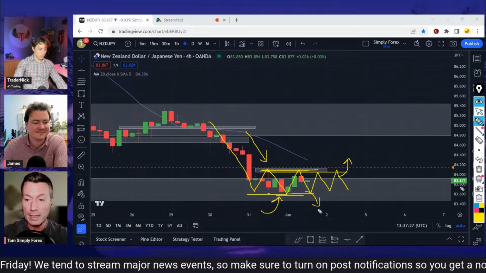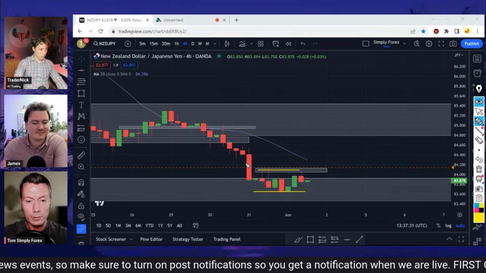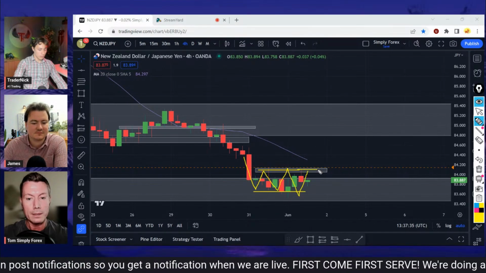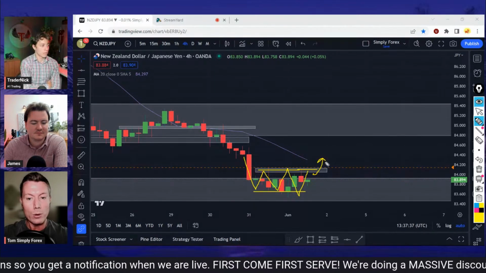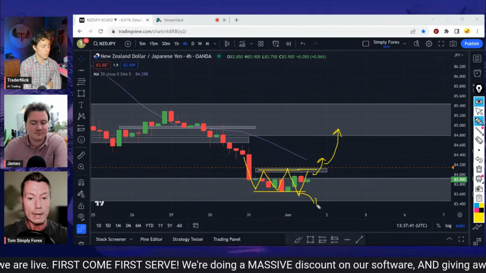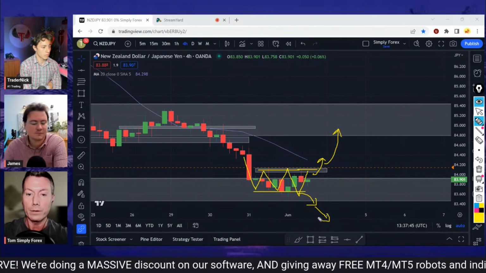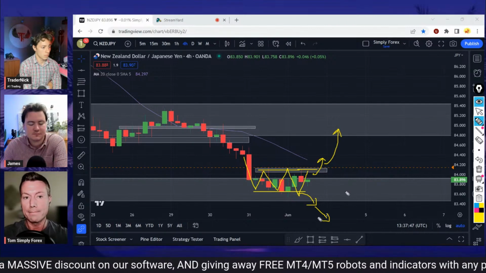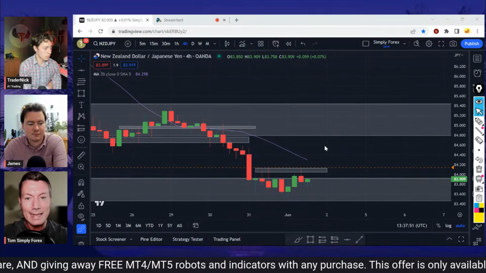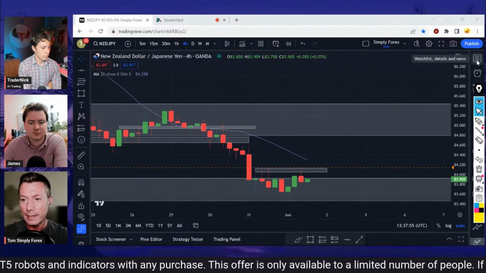And that's simply what it would be, a break of this. It hasn't been much of a range for much of the time, but if we get a breakout, I'm looking for buys potentially up here. If we get a break lower, like I said, we can take it down to that next level of support on that daily chart. So, really at delicately poised levels right now, a few yen pairs.